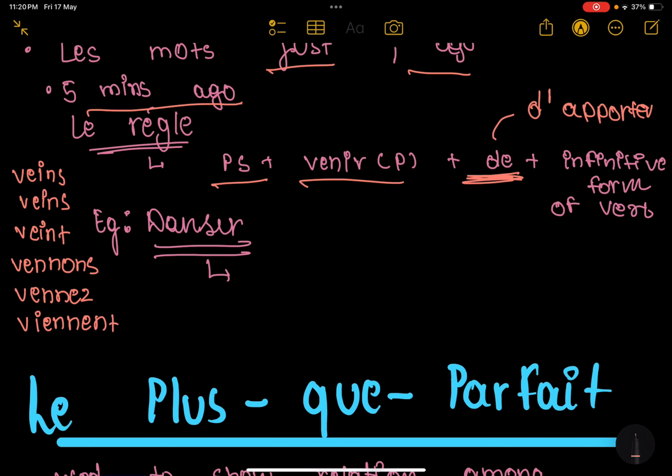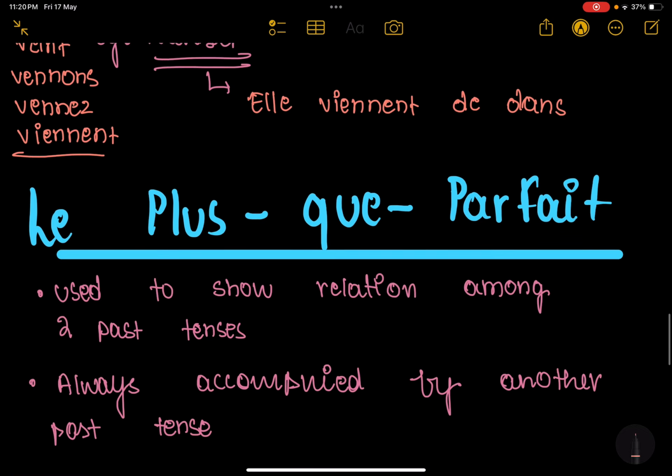So let's form with this only. For example, elle vient de danser. So she has just danced. She danced 5 minutes ago. This is the sense we are having.